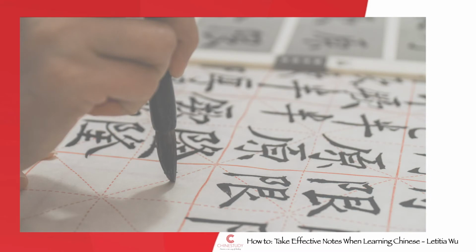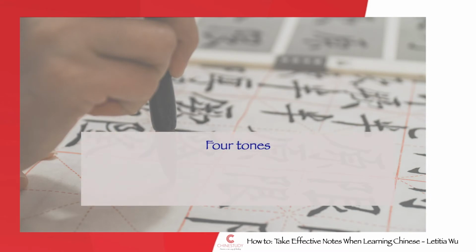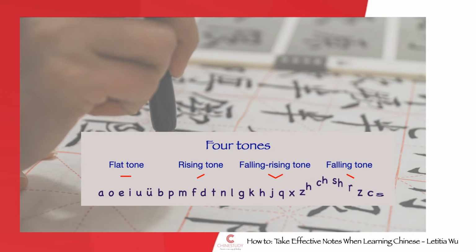Unlike English, Chinese has 4 tones. The first tone is flat, the second is rising, the third is falling rising, and the fourth is falling. Each tone has its own symbol, and we write these symbols directly on top of the Chinese pinyin, which corresponds to the English alphabet.